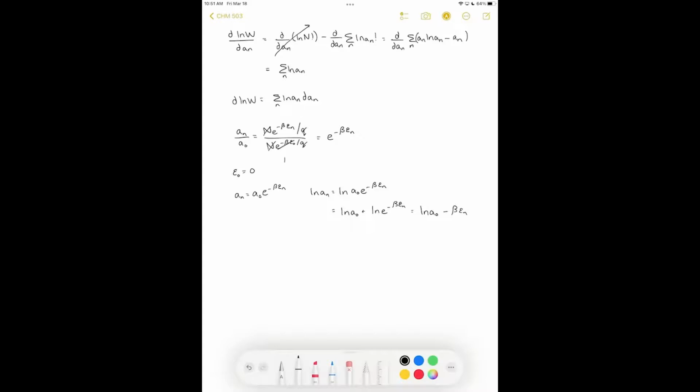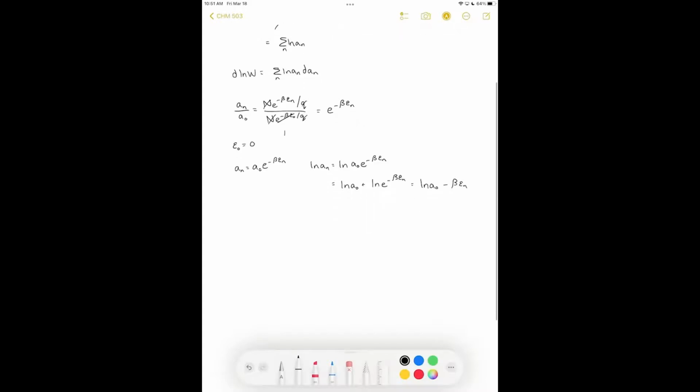We can plug this back into our earlier expression for how the weight changes. So the derivative of the natural log of weight was equal to the sum of the natural log of a_n times dA_n. We now know what the natural log of a_n is. So we can say this is the sum of the natural log of a_0 minus beta epsilon_n dA_n.